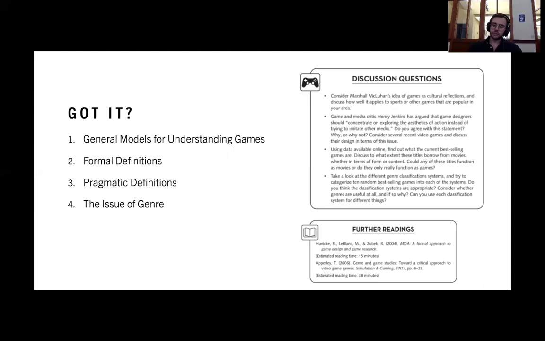We also briefly talked about the issue of genre, a whole other can of worms being opened up, where Mark Wolf provides us this notion of interactivity, so that games are mostly about the way they let us interact with them, and depending on that, they produce a specific kind of experience that we can categorize as a genre.